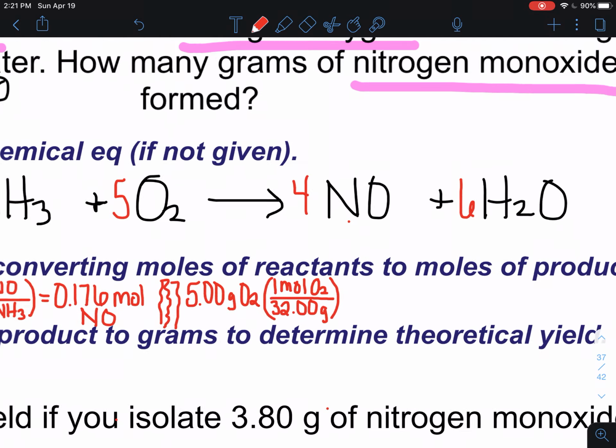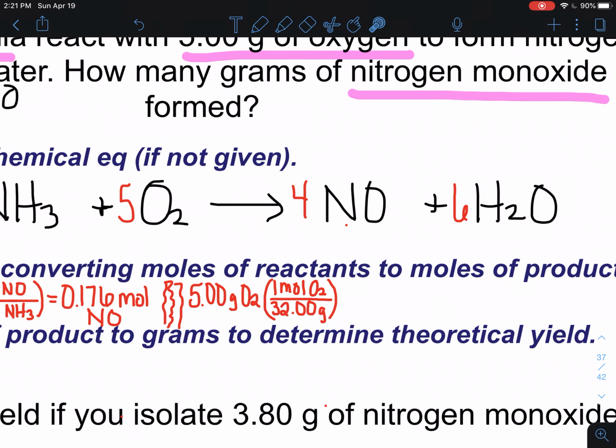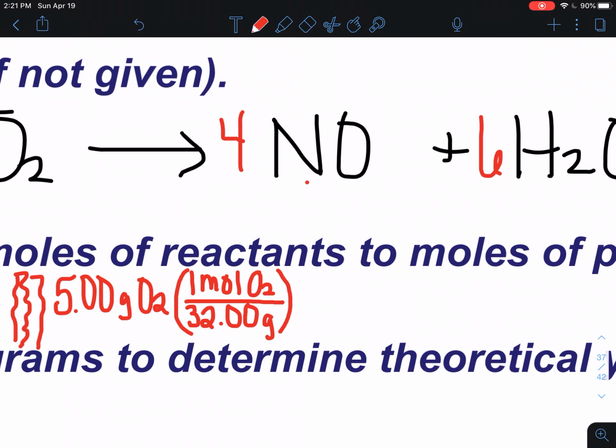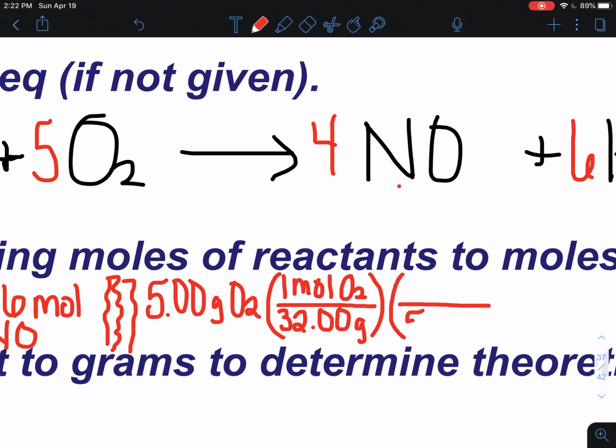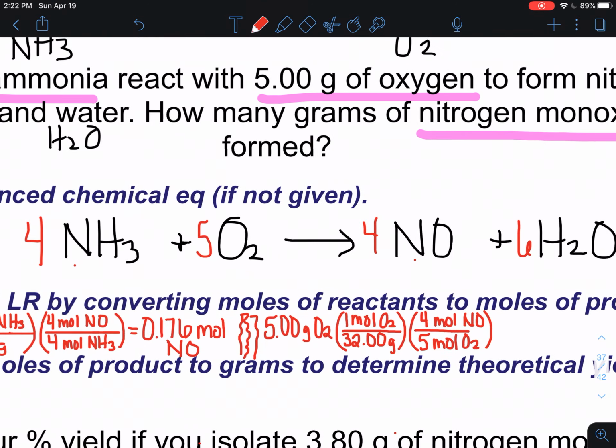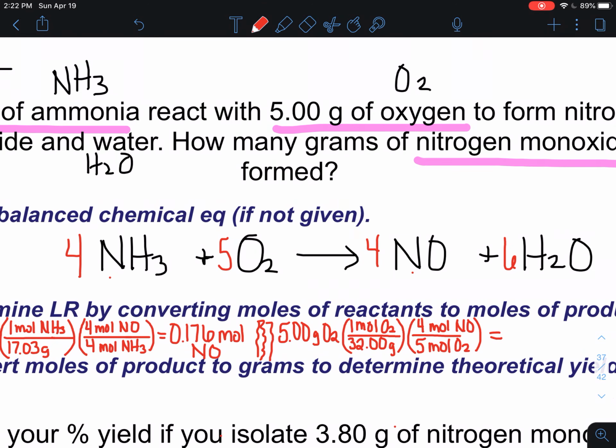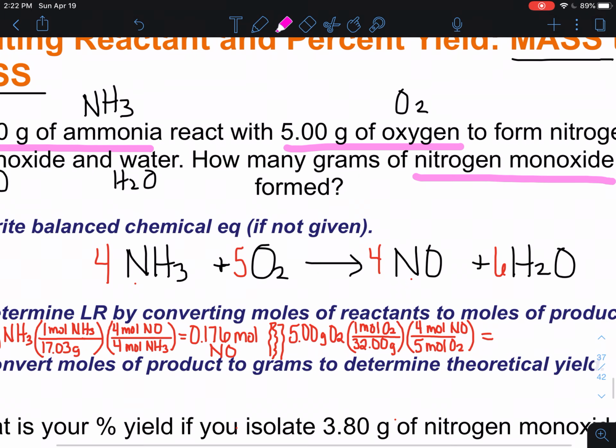Now that we are in moles of O2, we can convert to moles of nitrogen monoxide using the coefficients from the balanced chemical reaction. So again, 5 mole O2 for 4 mole NO. And again, you can stop at moles here because we're converting to the same product.